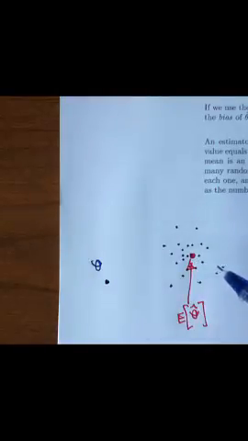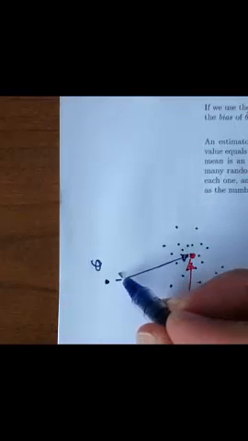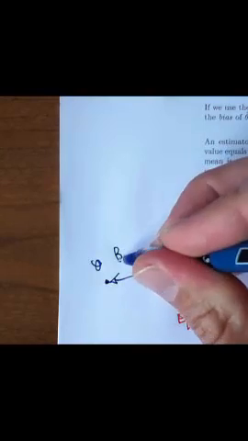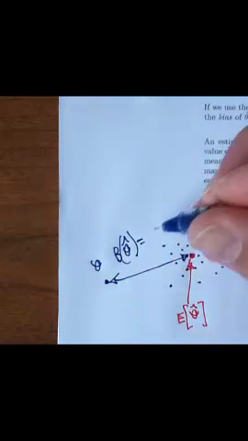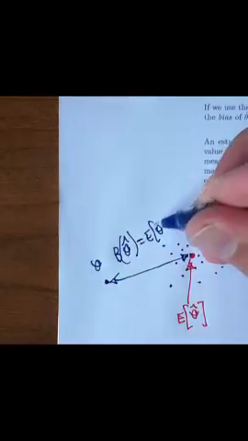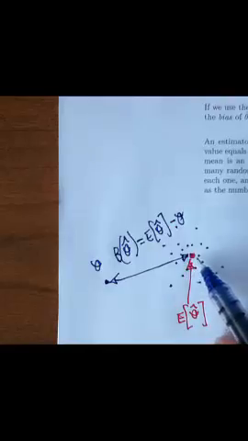You can think of a high degree of accuracy as a small bias. In this case, you have some bias. The bias of theta hat is equal to the expected value of theta hat minus theta, the difference between the expected value of theta hat and theta.